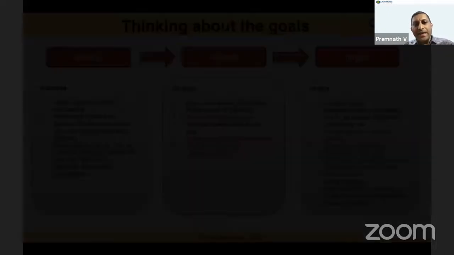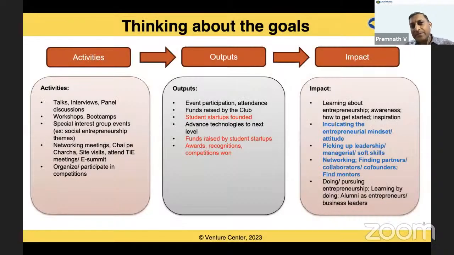In any such activity, which is of a not-for-profit nature and is in the nature of a club, typically we tend to think of it in terms of the activities resulting in certain outputs which eventually create some impact. So when you're thinking about the goals, it's important to think about what impact one is targeting, what one wants to achieve, and what will be those activities which will make that possible.